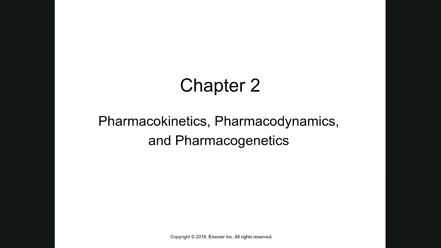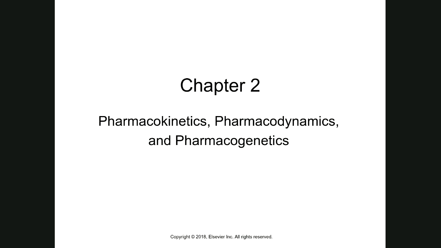All right, good morning. We're going to cover chapter 2, covering pharmacokinetics, pharmacodynamics, and pharmacogenetics. Once the drug is administered, it goes through two phases, the pharmacokinetic phase and the pharmacodynamic phase.